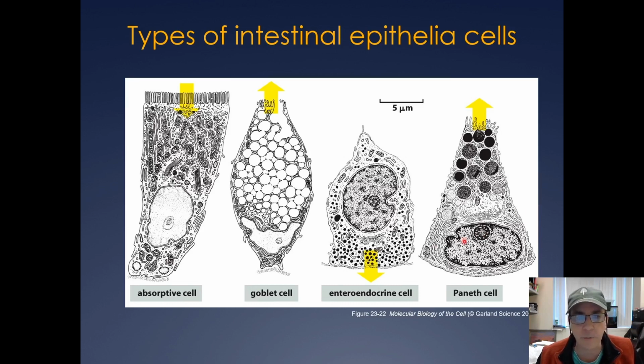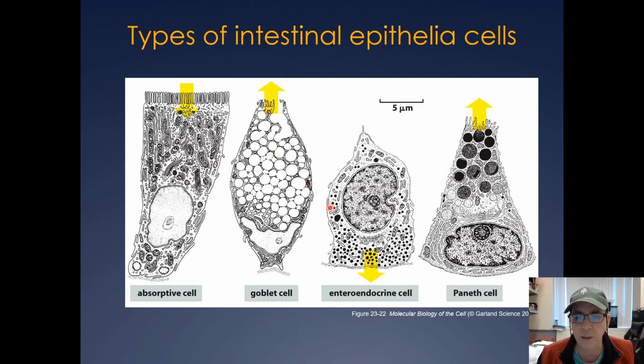So here's some of those cell types that I was just talking about. So here's just an image of an absorptive cell. You can see the microvilli up here, and they're basically going to take in nutrients from the small intestine. We've seen the goblet cell before, and that's a secretory cell, so all of these vesicles are going to go out and help with digestion and secretion and uptake.